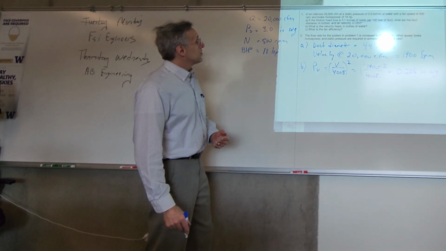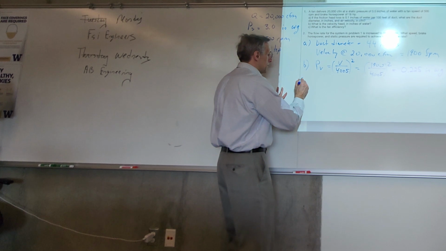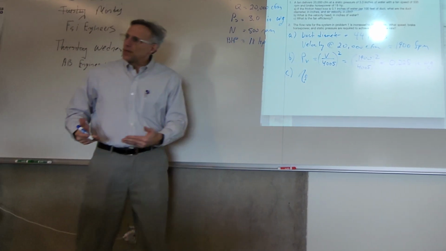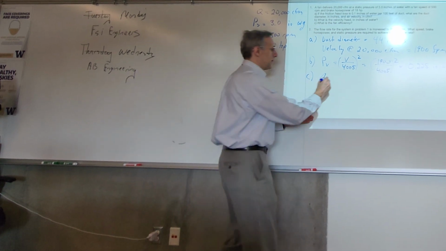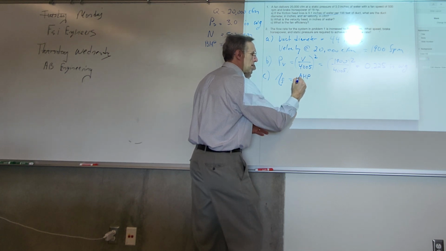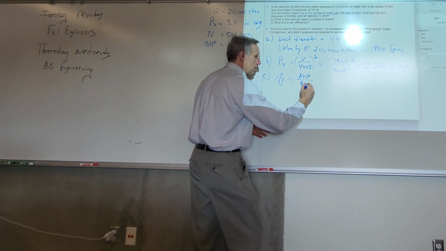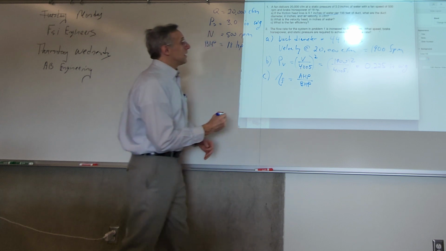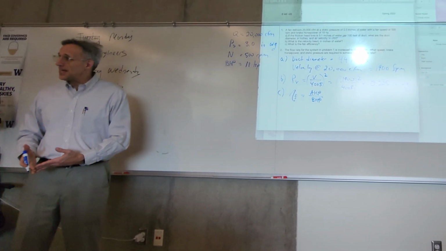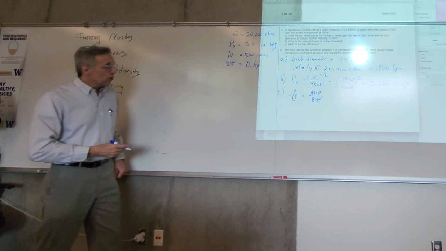And what is the fan efficiency? How do we calculate fan efficiency? Air horsepower over brake horsepower. Our brake horsepower is the input to the fan, which is 18. How do we get the air horsepower?